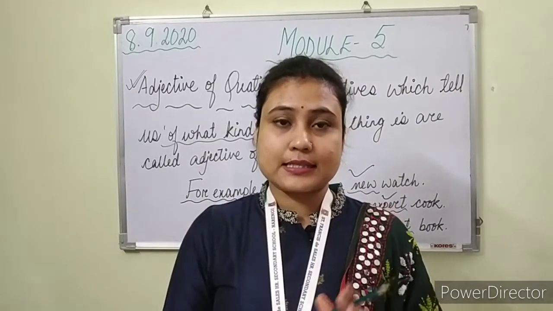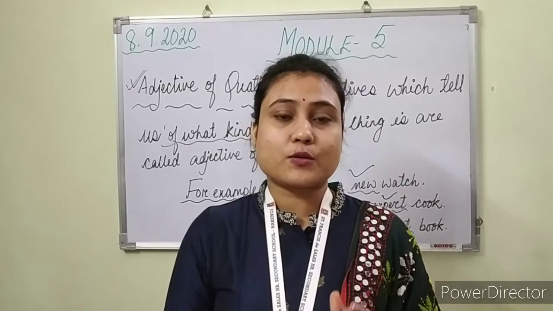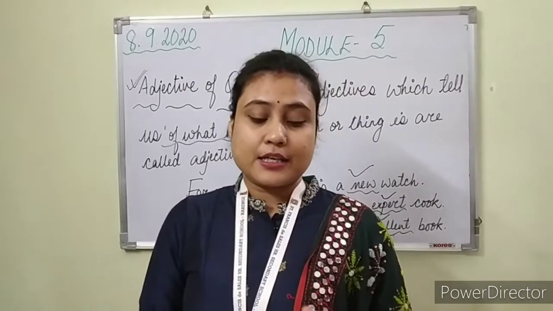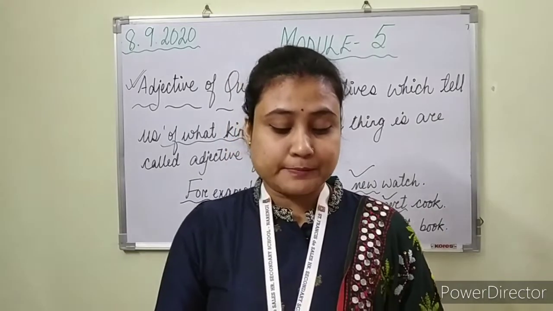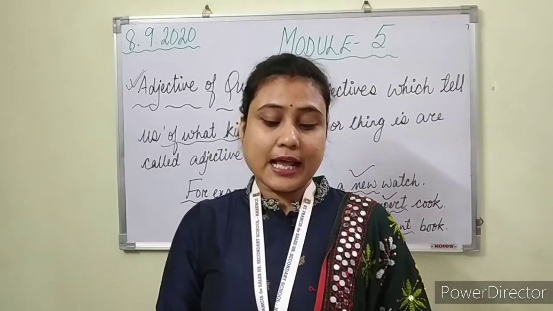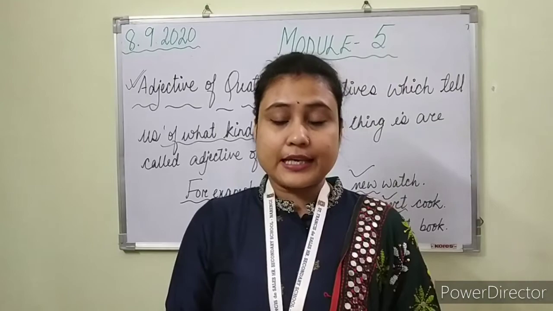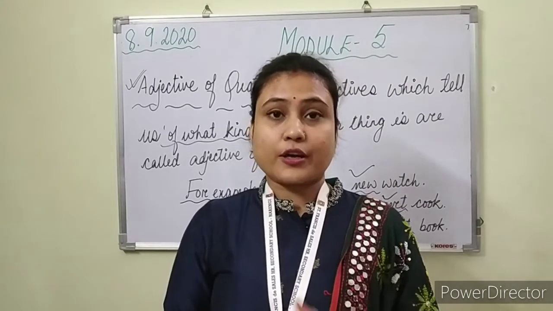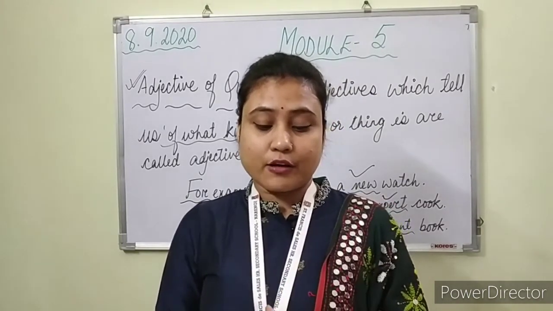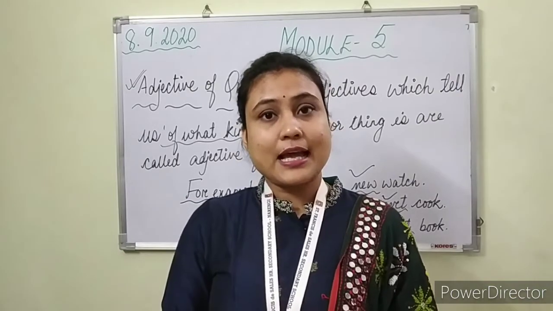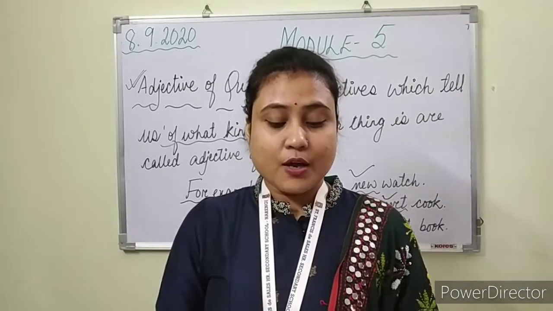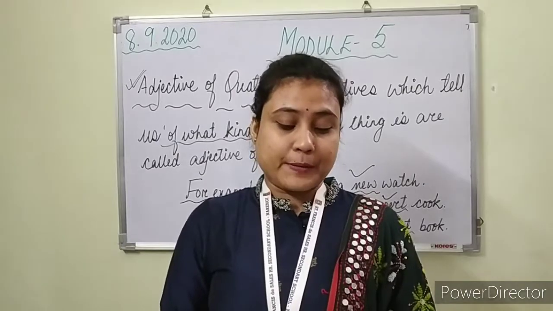So it's describing what kind of kitten it was. It was a naughty kitten. So please underline naughty. Coming to the last line, I was happy to see it play. So it's talking about the quality of what kind of feeling he was having. It was happy, H-A-P-P-Y. Please underline happy.